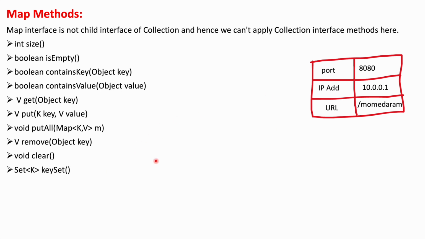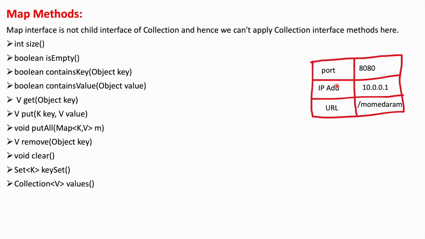Key set: if you want to get all the key elements, that time we will use keySet. This keySet method will return all the keys, with return type Set of keys. Values method: if you want to retrieve all the values, that time we will use the values method.